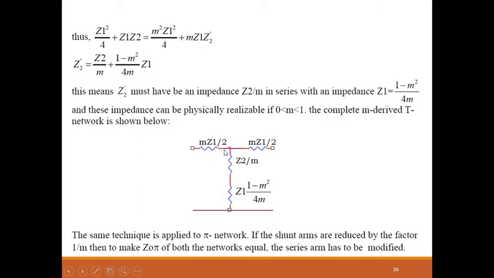While we are introducing the M, the T network has been modified like this: M into Z1 by 2, M into Z1 by 2, then Z2 by M, then Z1 into 1 minus M square by 4M. The same technique is applied in the pi network. If the shunt terms are reduced by the factor 1 by M, then to make Z0 pi equal in both networks, the series arm is also modified like this.